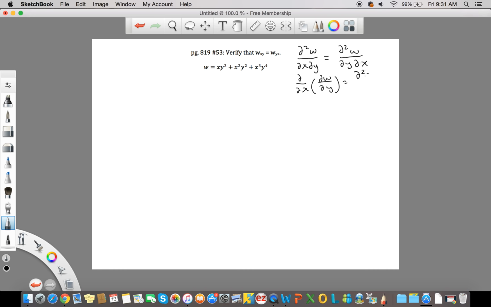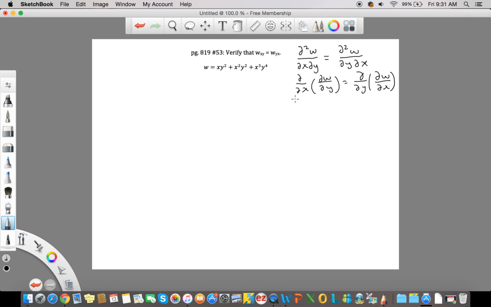Then this is going to be d squared dy of dw dx. I'm just going to make this d a little bit clearer. Sorry for all those mistakes. Essentially we're proving this, which is what the problem is asking us to do, and I'm just breaking down the notation further so we can make it easier for ourselves to find the answer.